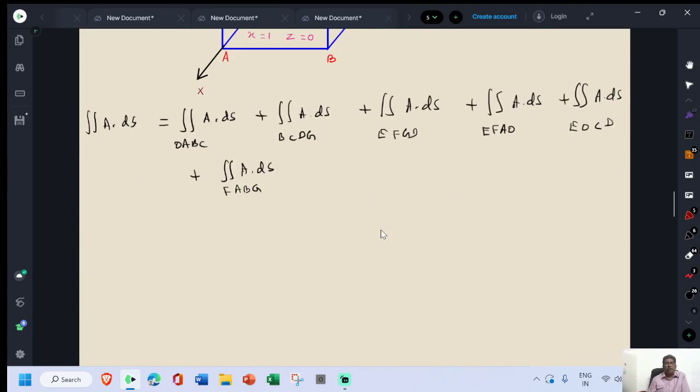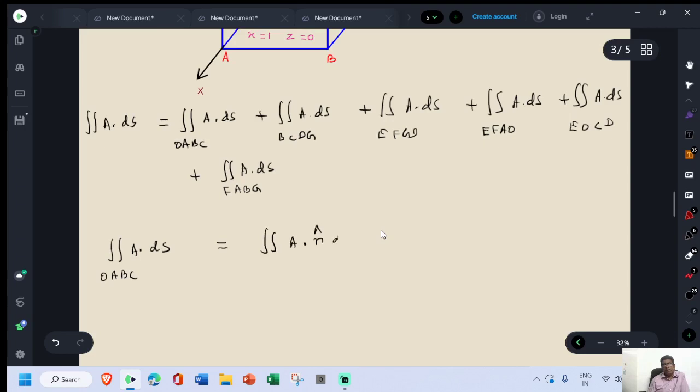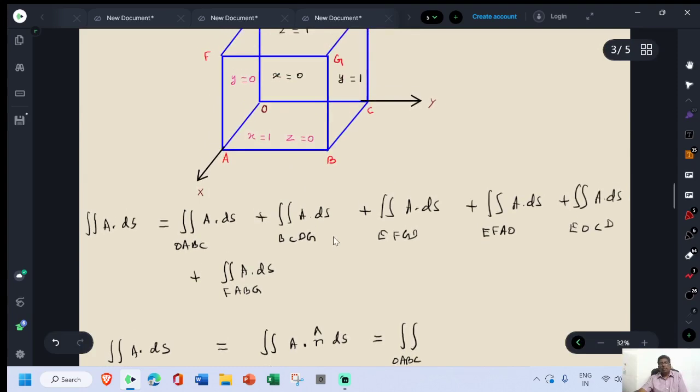Take the first integral, double integral A dot ds OABC. It is modified as double integral of A dot n cap ds over OABC.